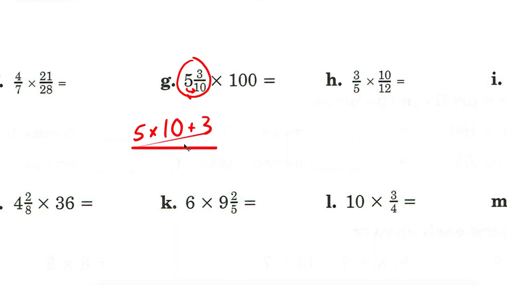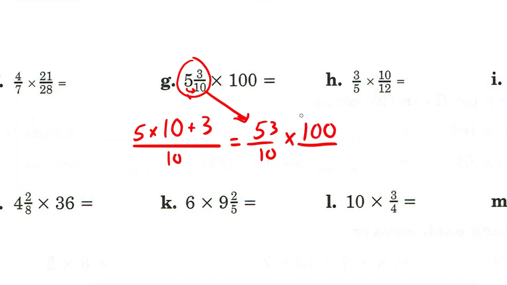And remember, the denominator stays the same, which is 10. This would make it 50 plus 3, which is 53/10. So you change this to 53/10 and multiply that by 100. We make 100 into a fraction by just putting it over 1. I'll let you do the rest.